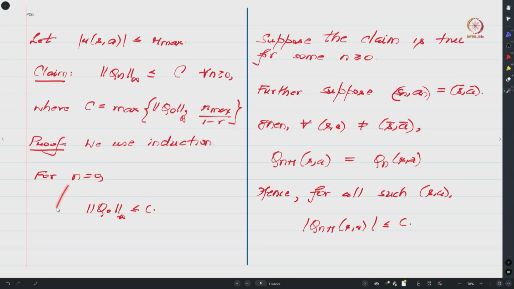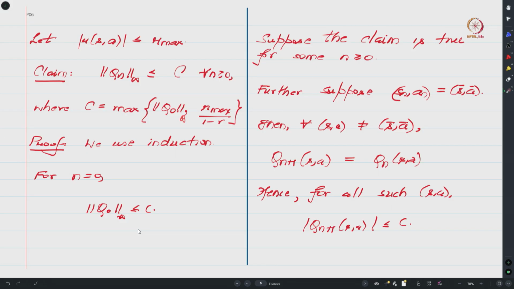So for n equals 0, observe that here there is a max between the L infinity norm of Q0 and R max over 1 minus gamma. So since C is a max between the L infinity norm of Q0 and this quantity, it trivially follows that the L infinity norm of Q0 is upper bounded by C, right.